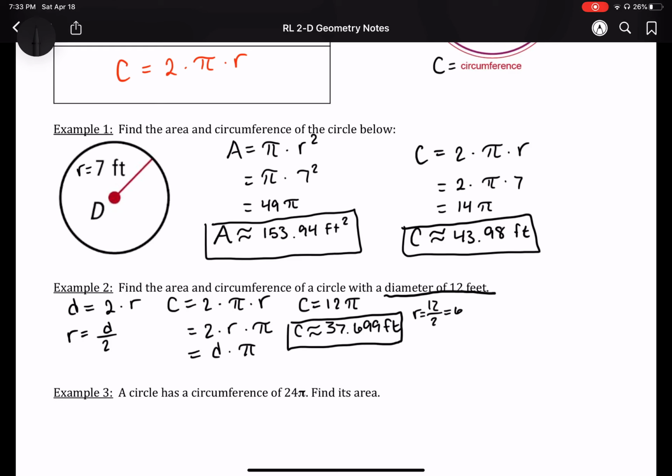So I'm going to plug that into my formula of area is equal to pi times the radius squared. 6 squared is equal to 36, so I have 36 pi, which means the area of my circle is about equal to 113.097 square feet. All right.